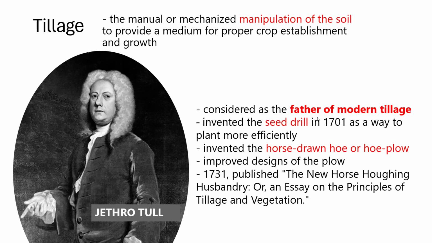On top of his picture, we have another definition for the term tillage. Tillage is the manual or mechanized manipulation of the soil to provide a medium for proper crop establishment and growth. Either manual or mechanized. Kapag manual, gamit ang ating force, gamit ang ating kamay, or pwede rin gamit ang ating mga draft animals.